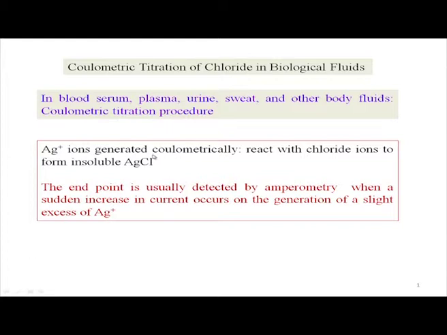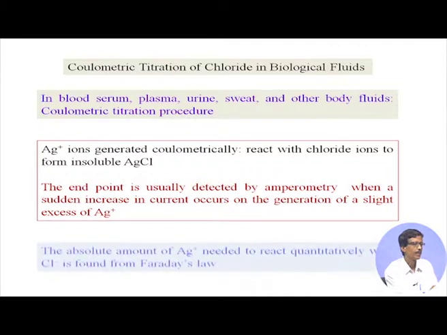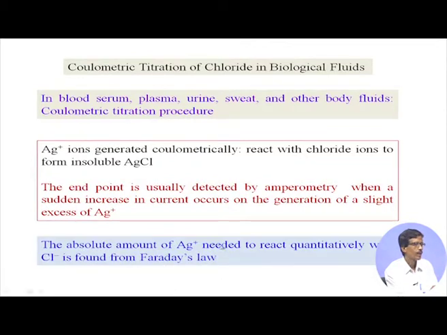Chloride concentration is 0 because all the chloride has been consumed to form silver chloride, and therefore you have a sudden increase in current in terms of ampere values, which can be detected by the typical amperometric titration.